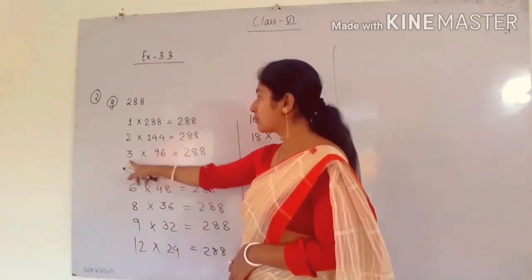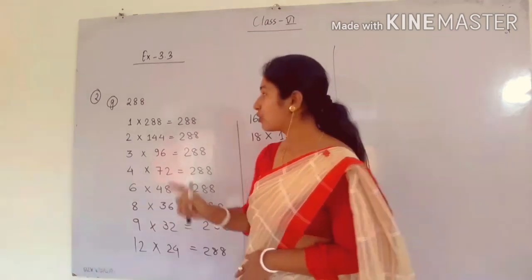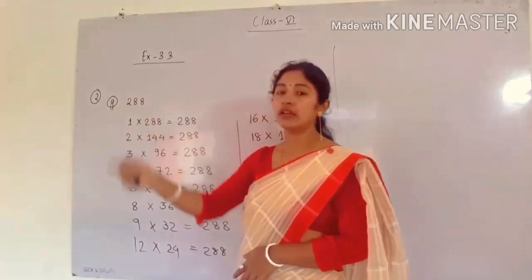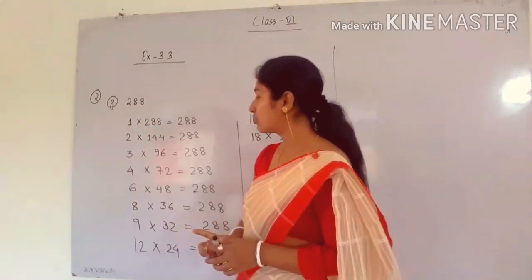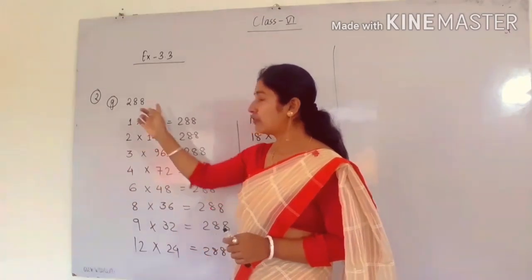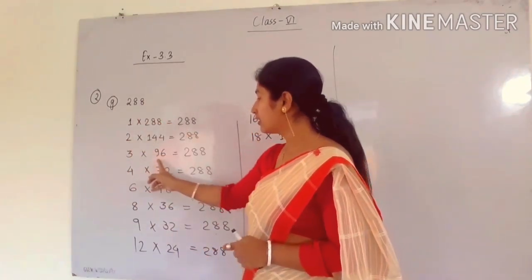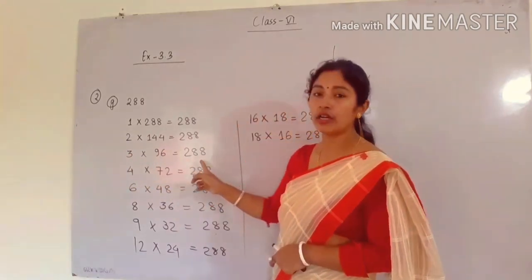Similarly, is it divisible by 3 or not? Already you know the divisibility test of 3, so by that way you can check. Just add the digits, and if the sum is divisible by 3, then the whole number is also divisible by 3. So divide this number by 3, you will get 96. That means 3 multiplied by 96 gives 288.